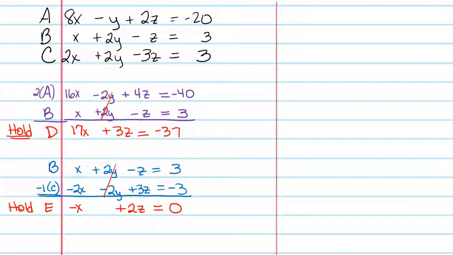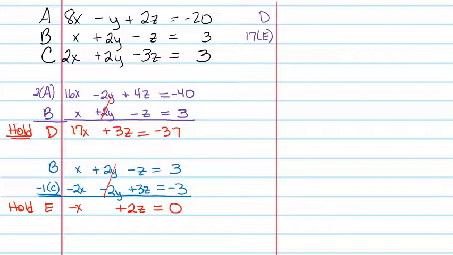Okay, so now if you look at step 3 on your steps, it says take your two hold equations and do elimination. So my hold equations are D and E. And if I'm going to do elimination, I see that eliminating the x might be the easiest option. If I take equation E and multiply it by 17, then this will eliminate the x's.